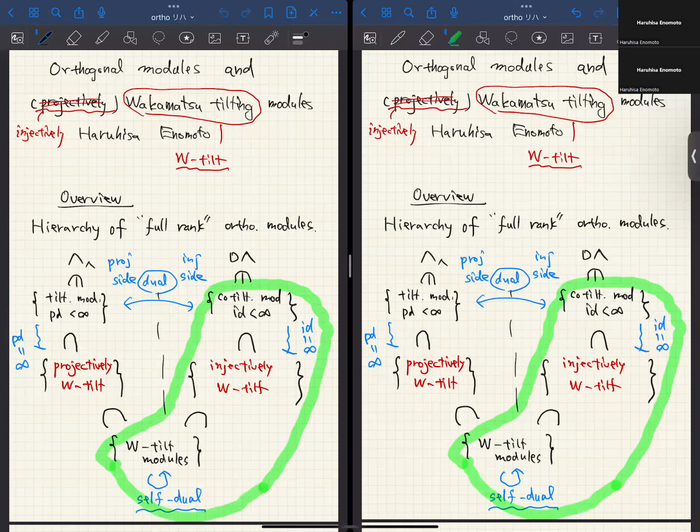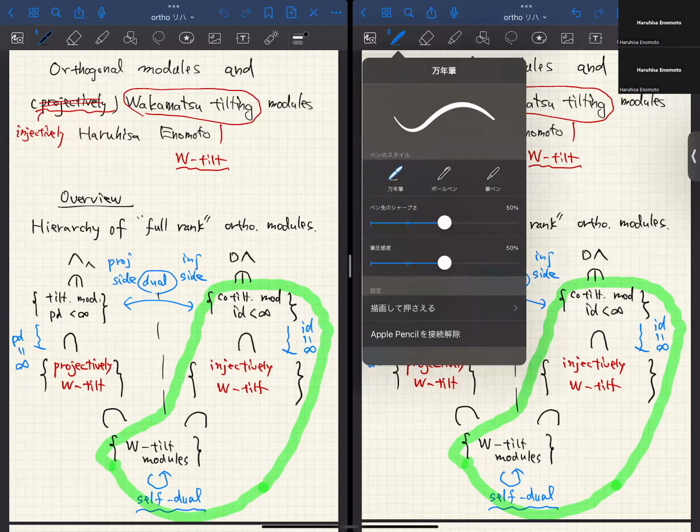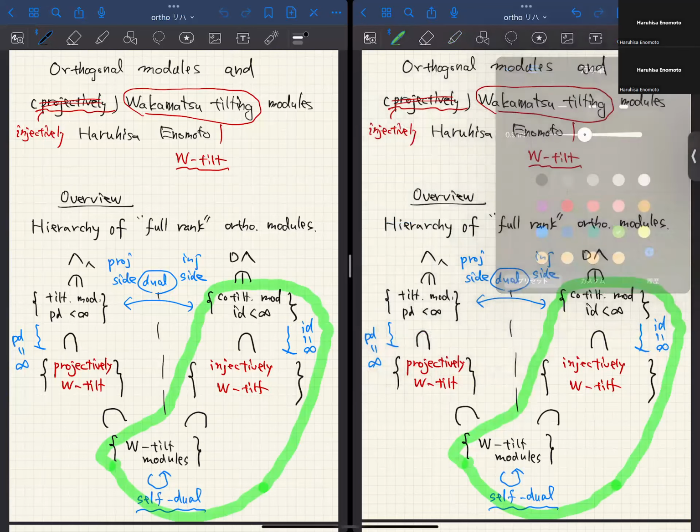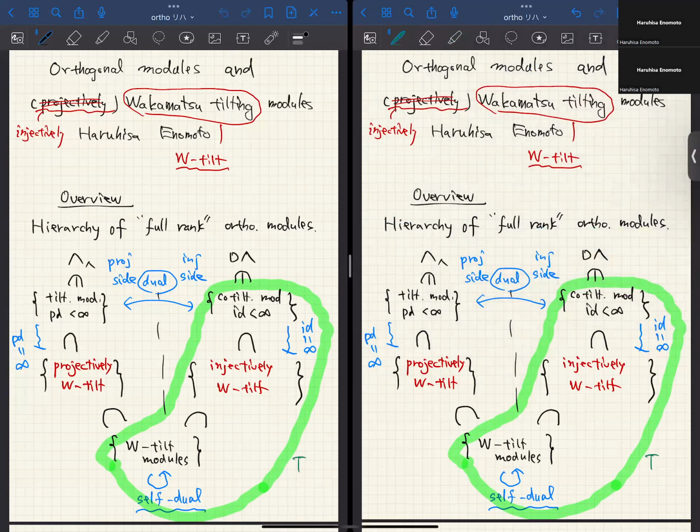This is today's topic. I will talk about cotilting modules, injectively Wakamatsu tilting modules, and Wakamatsu tilting modules, and motivations behind these concepts, and state my main result.